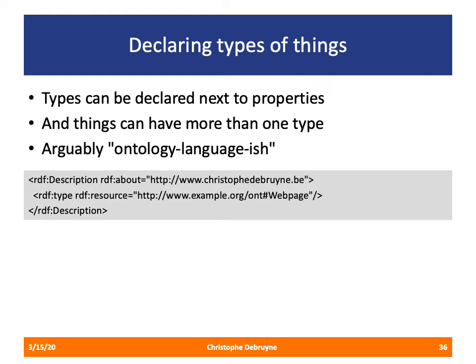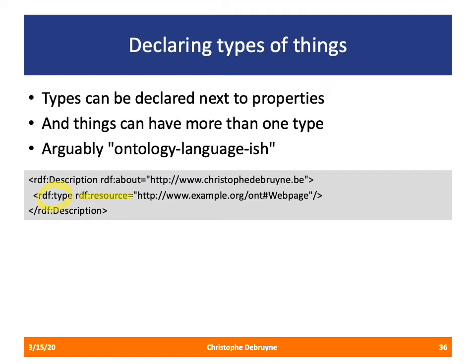So in this simple example, I declare my website, well, the thing with that URI, to be of the type web page, and that web page is supposedly a node inside an ontology that I refer to with rdf:resource.